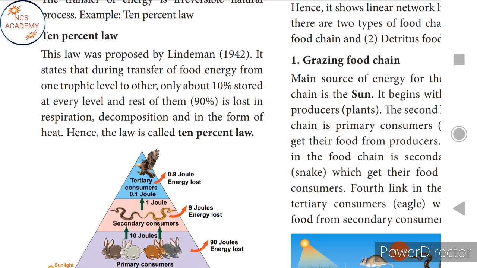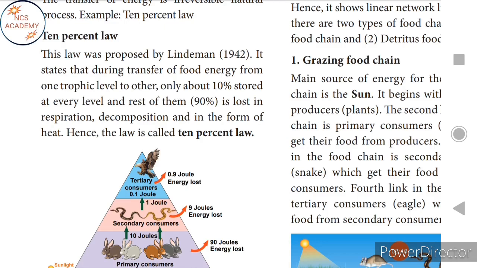These energies are the 10% of each and every level that is stored. The remaining 90% of food materials are lost by means of respiration and decomposition.